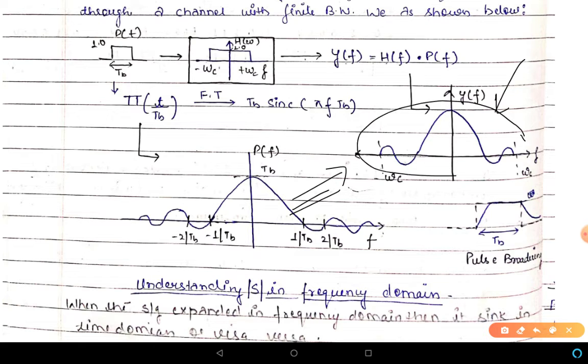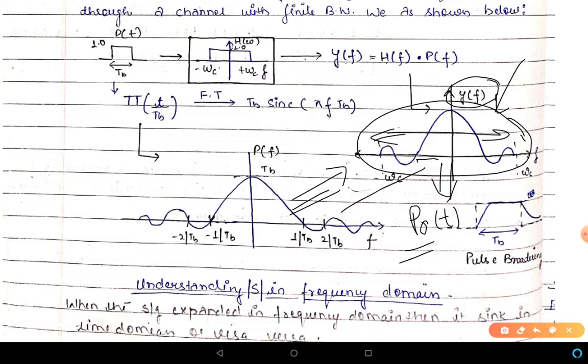That is, it has become band limited. That is why when we take its inverse Fourier transform to get the output pulse, that is p0(t), because this is in the frequency domain, we will take its inverse Fourier transform to get p0(t) or Y0(f), whatever we call it. Then this compression, that is, becoming band unlimited to band limited, causes pulse expansion.